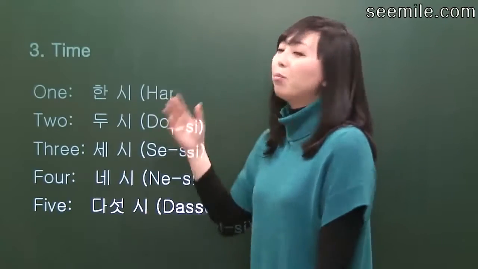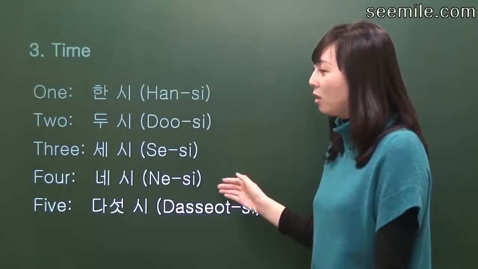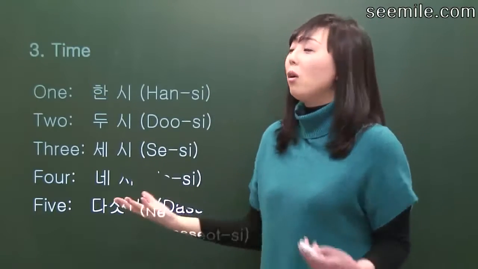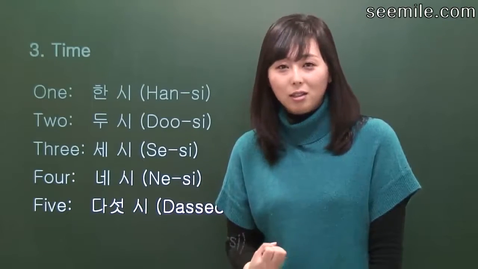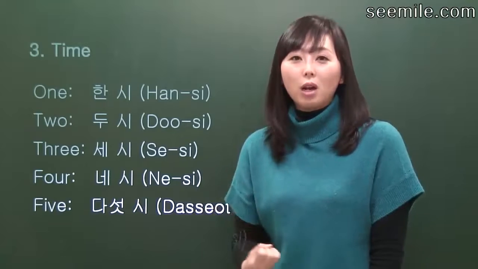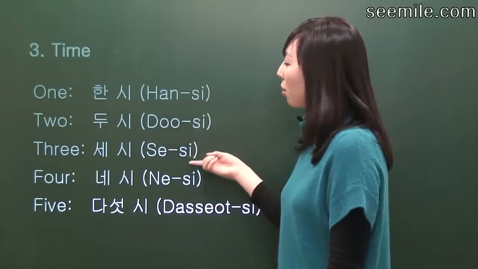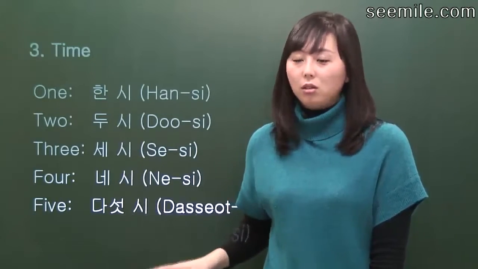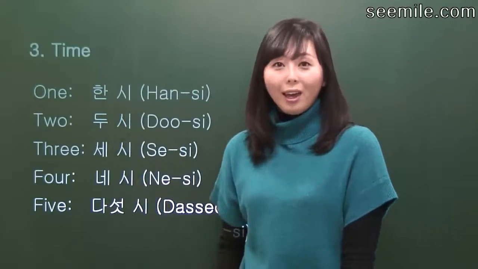But if you keep practicing and memorizing this expression, you will just get it later, and you will be so amazed, oh, how could I remember this? Because you practiced a lot. So don't be frustrated and try to practice each number, putting the clock beside you. Oh, it's 1 o'clock. What's 1 o'clock? 1시. Okay, good.